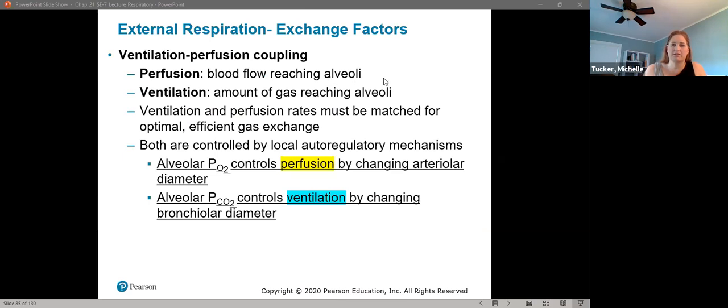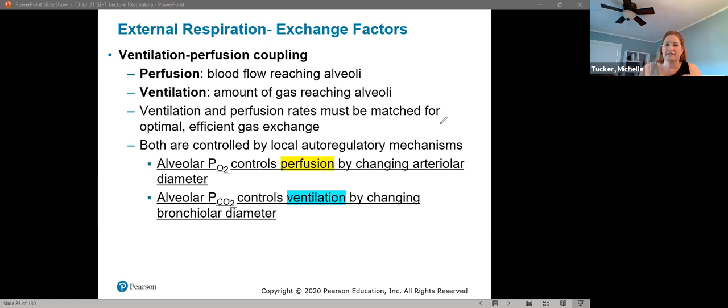Then that third factor was ventilation perfusion coupling. Ventilation and perfusion rates must be matched for optimal efficient gas exchange. Like I said, if you're doing slow breaths and you're exercising, you've got a decoupling right there.